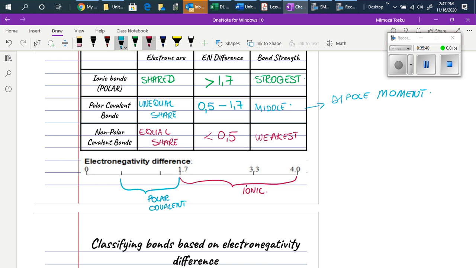And whatever is between 0 and 0.5 is considered non-polar covalent.